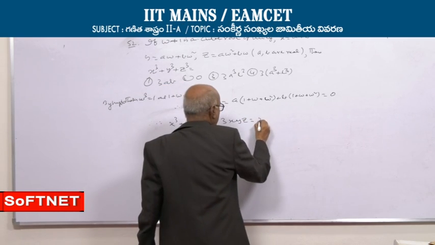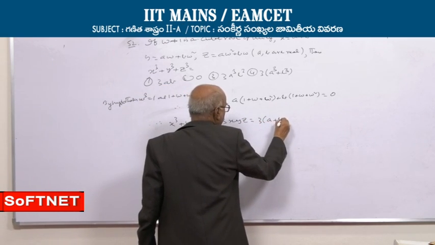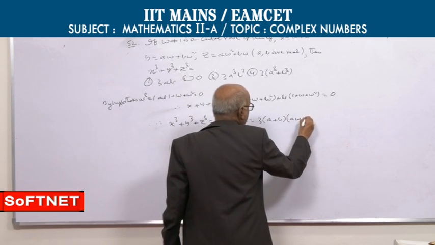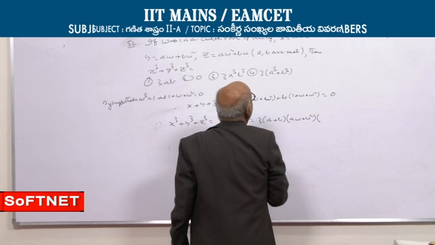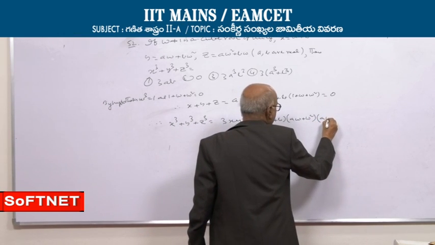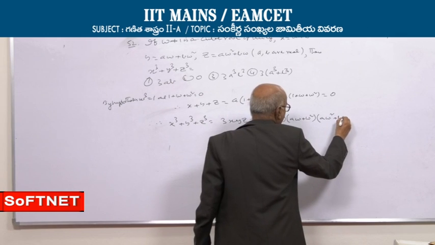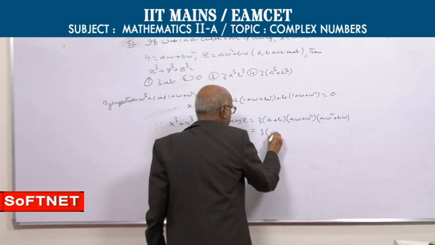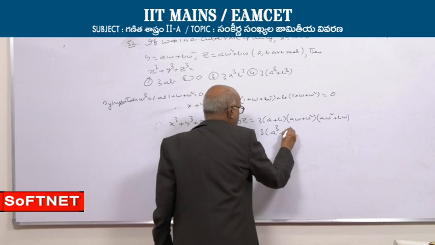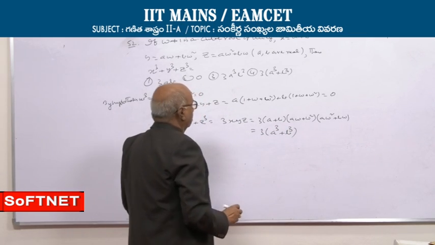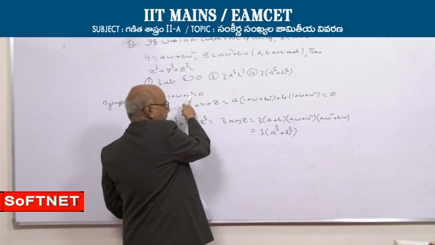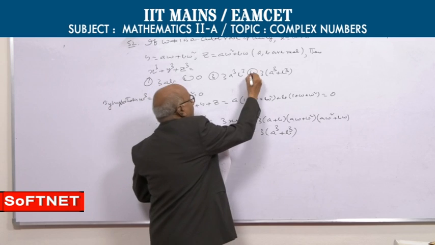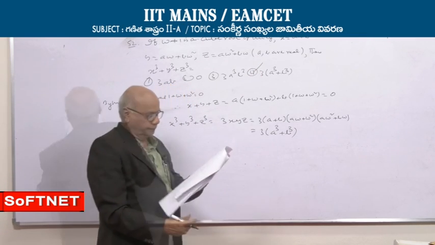That is 3 into a plus b, and a omega plus b omega square, and a omega square plus b omega. If you multiply this, this is nothing but 3 into a cubed plus b cubed, again using the same property. So the answer is option 4.